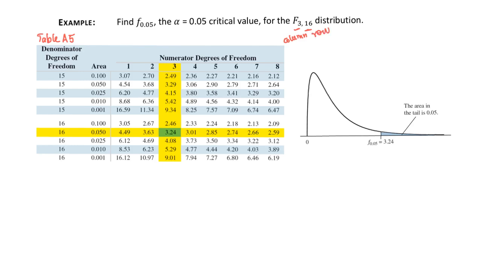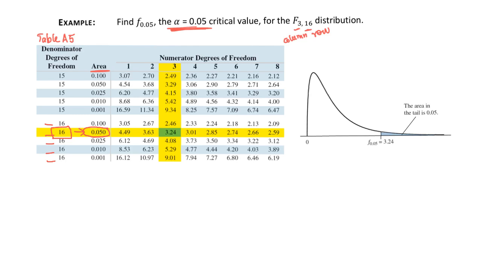While choosing the row, we can see there are a lot of values of 16, so we need to choose which one. Look at the area, alpha equals 0.05. This is the degrees of freedom in the row, and this is the area.